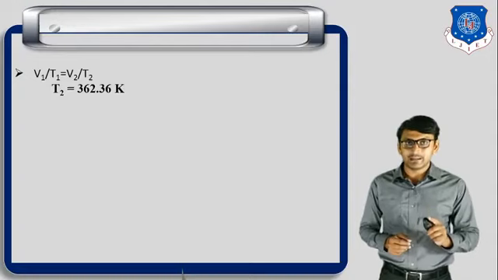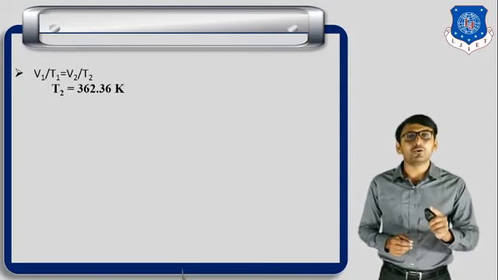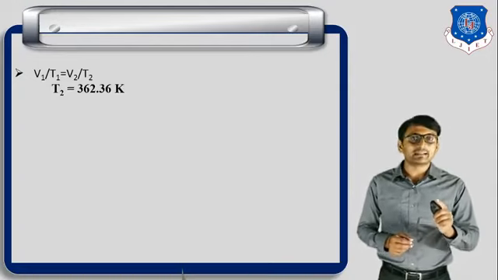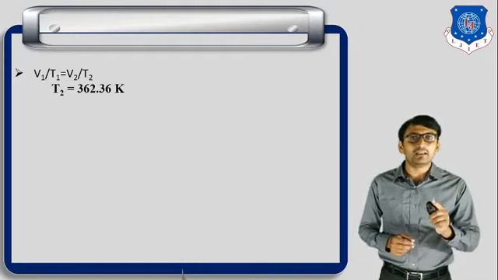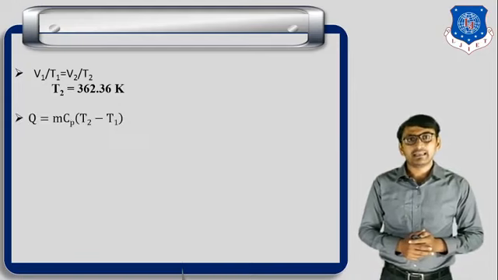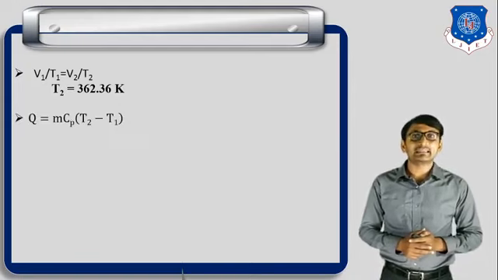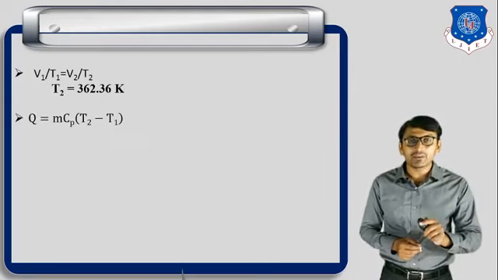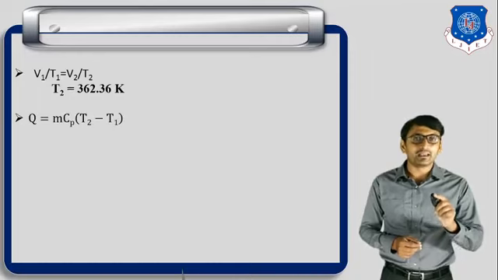So in the first step we found the value of T1, in the second step the value of T2.